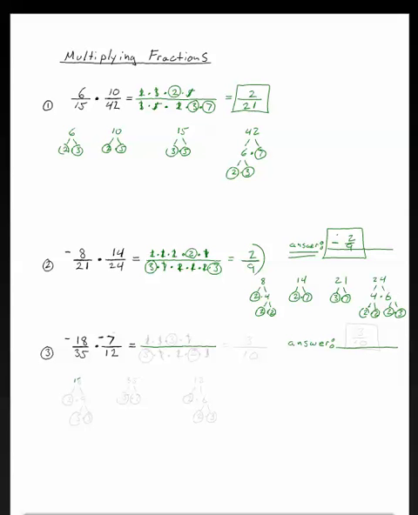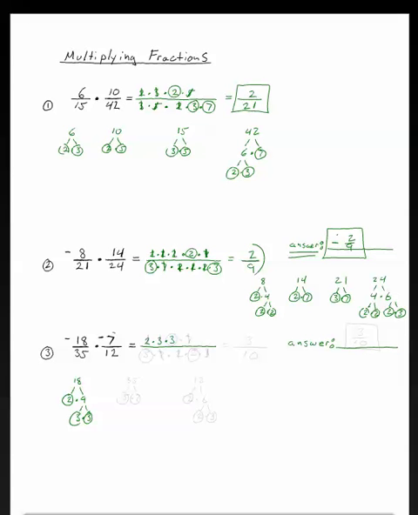So let's start with the 18. 18 is 2 times 9. 2 is prime, 9 is not. 9 is 3 times 3, and the 3's are prime. So I rewrite my 18 as 2 times 3 times 3.